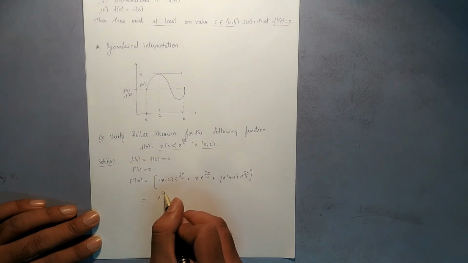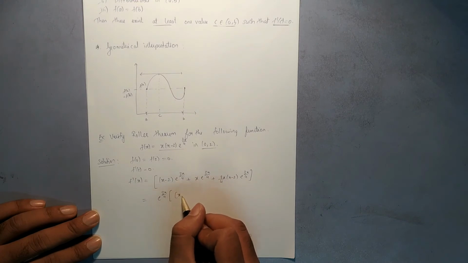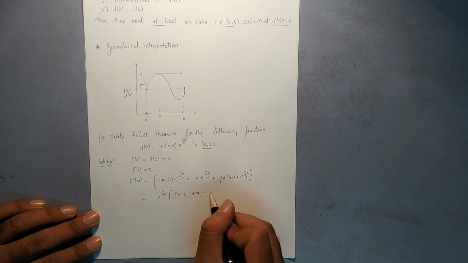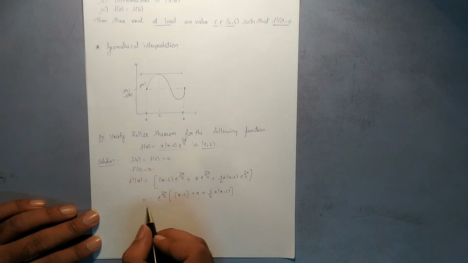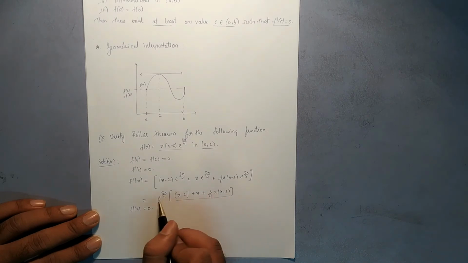Now this is equal to, we take e raised to 3x upon 4 common and we are left with (x minus 2) plus x plus 3 upon 4 x into (x minus 2). Now if this f dash of x is equal to 0, this bracket is equal to 0 because the exponential function is never 0.